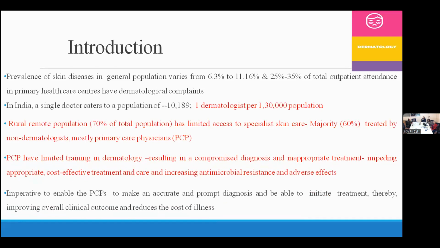Therefore, to ensure universal health coverage, which is our main aim, as Dr. Ashu mentioned, it is imperative to enable the primary care physician at the grassroots level to make an accurate and prompt diagnosis, initiate treatment, and thereby improve the overall outcome and reduce the cost of illness, fulfilling the goals of universal health coverage.